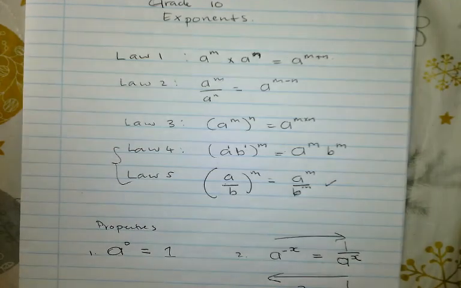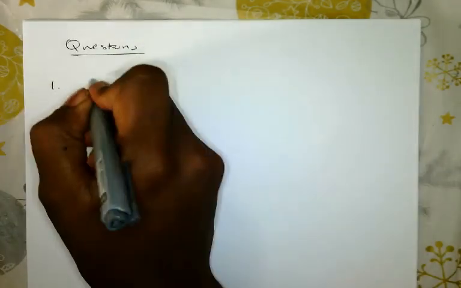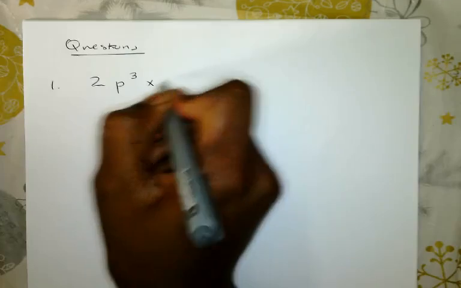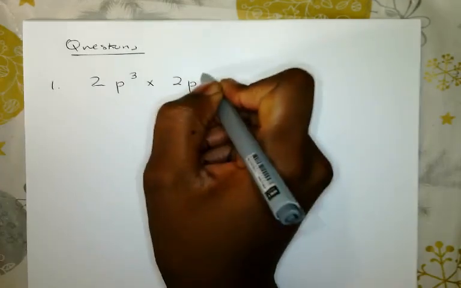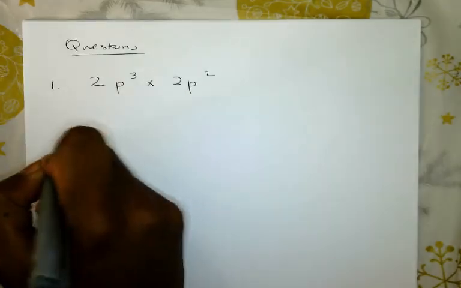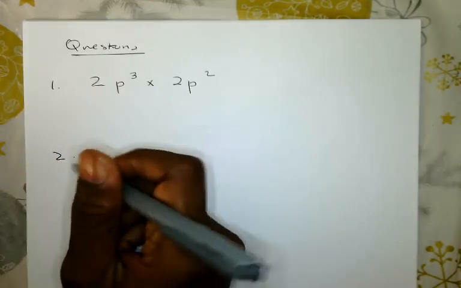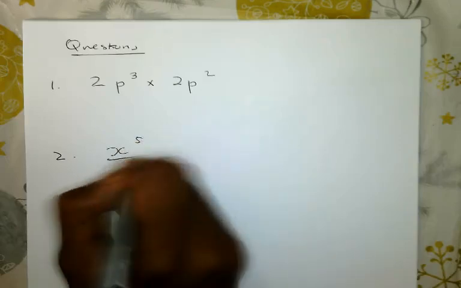Okay, I'm going to use this paper. Let's do questions now. I'm going to pick a few just for revision, and then we're going to do some cool stuff. Number 1, we're given 2p cubed multiplied by 2p squared. Number 2, x to the 5 over x cubed.